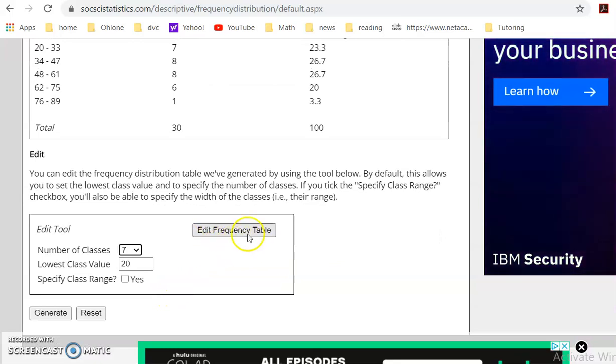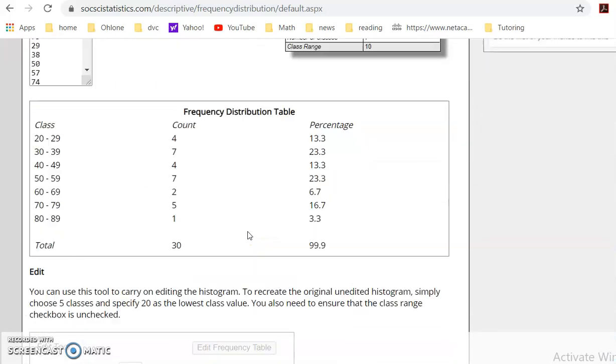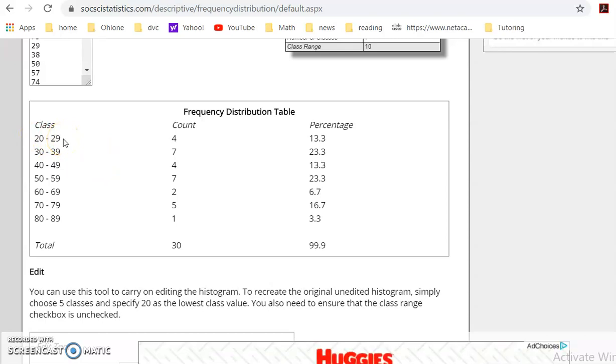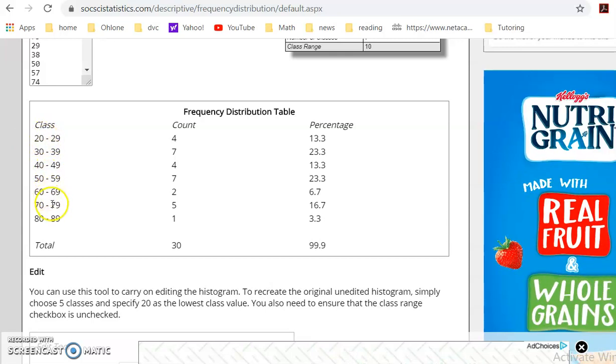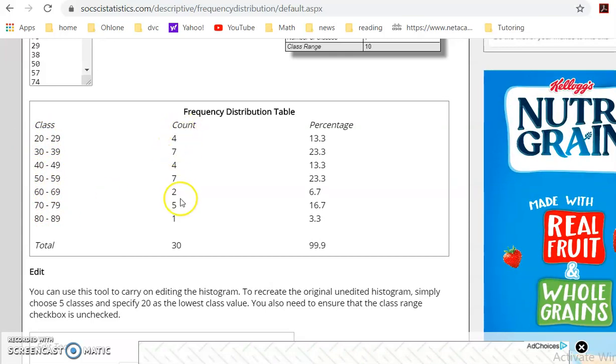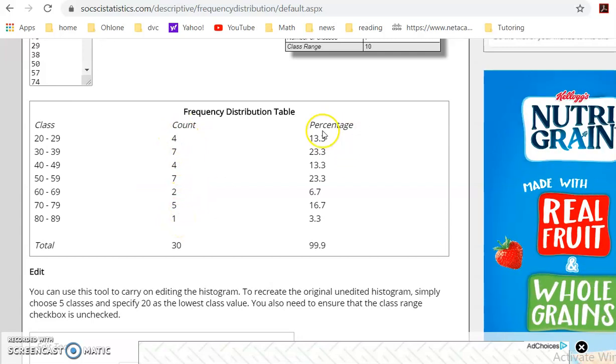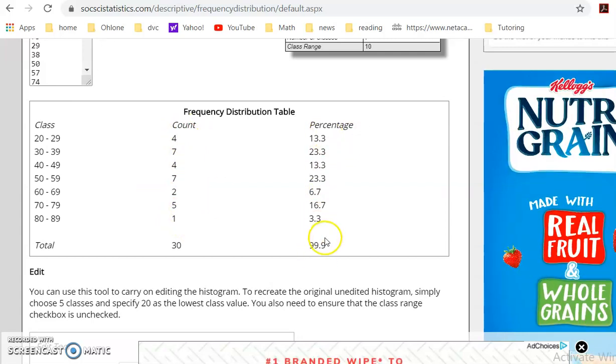After this, you edit the frequency table. Then it generates a new one. You can see that you have more classes: 1, 2, 3, 4, 5, 6, 7. They count again for you, and they also give the percentage of the total.